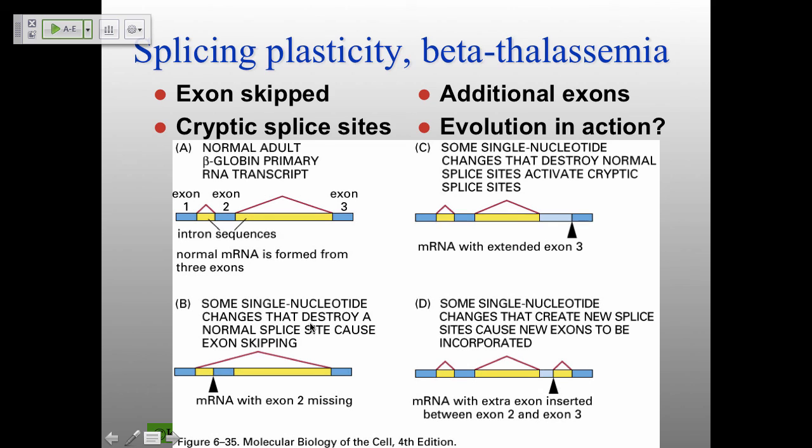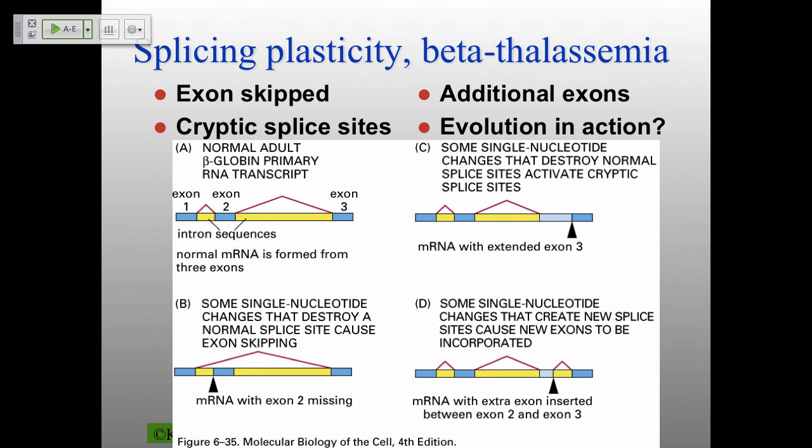You can have a single nucleotide change that now allows U2 to bind there, which otherwise wouldn't, which will give you a different exon here. And in some cases, it starts out with a single nucleotide change, which will give you a putative binding site now for U1, so you can start here.